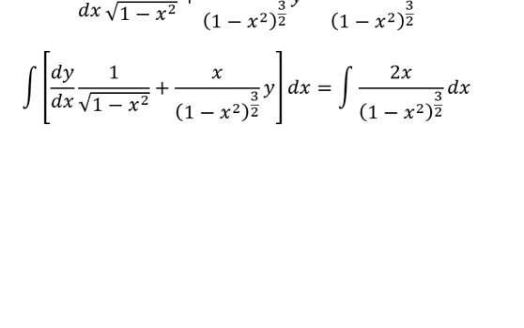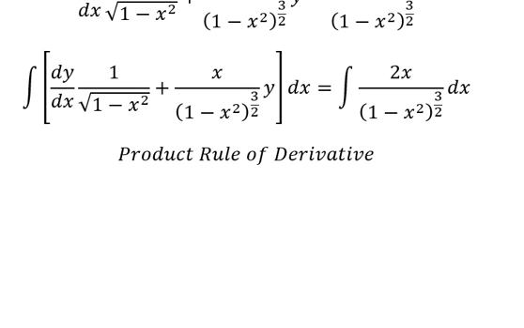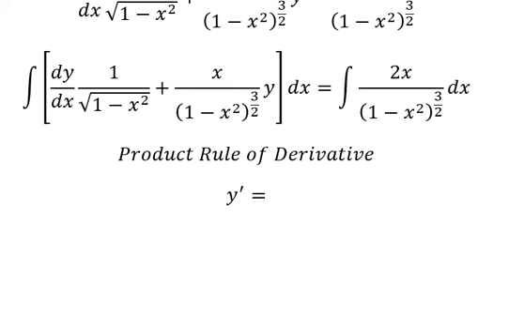Now we can apply the product rule of derivative. So we know that the first derivative of y is the first derivative of u multiplied by v plus the first derivative of v multiplied by u.